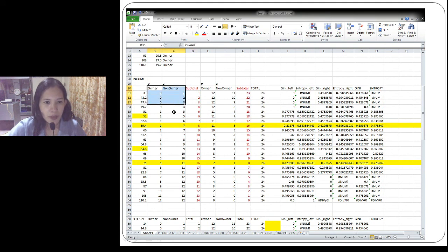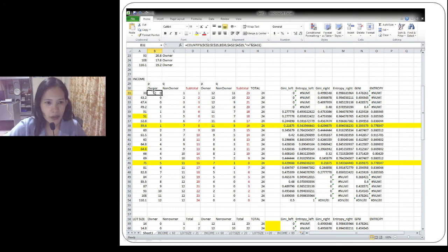The first part of owners and non-owners here is those records whose income is less than or equal to 33.